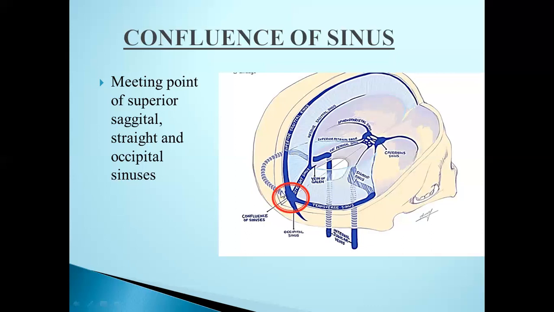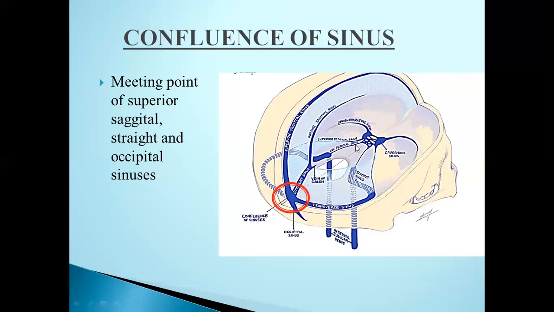The superior sagittal sinus will continue as the right transverse sinus and the straight sinus will continue as the left transverse sinus. Then the transverse sinus will continue at the angle of parietal bone into the S-shaped sigmoid sinus. The sigmoid sinus will turn down through the jugular foramen as the internal jugular vein in the neck.